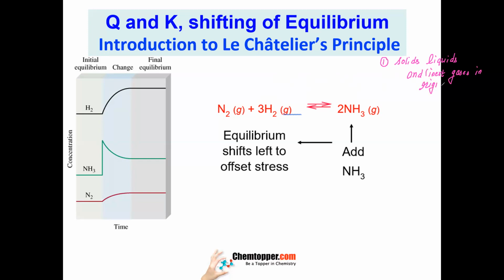Rigid means, I told you the meaning of rigid container last time. Inert gases in rigid container cannot shift the equilibrium. First thing is that this will help you in answering many questions.